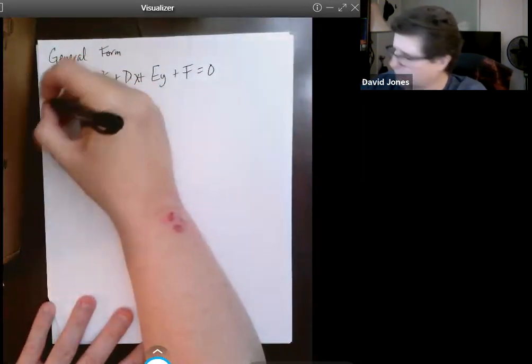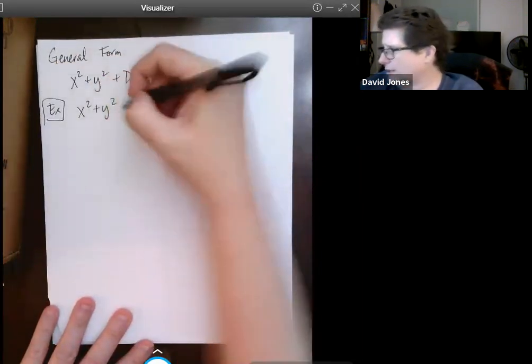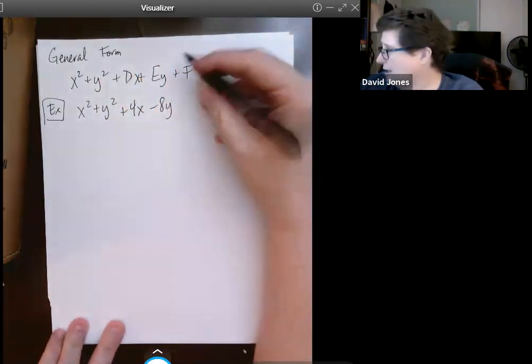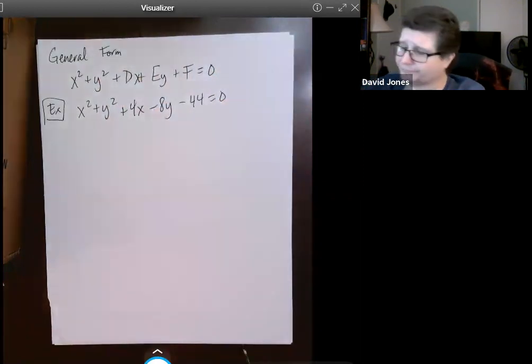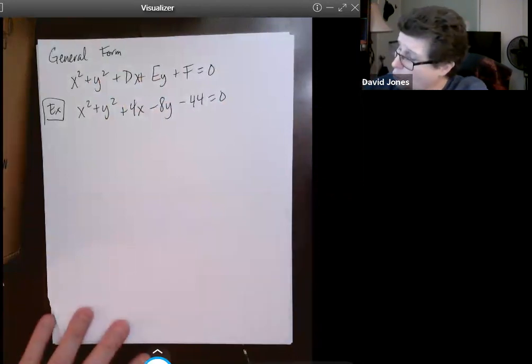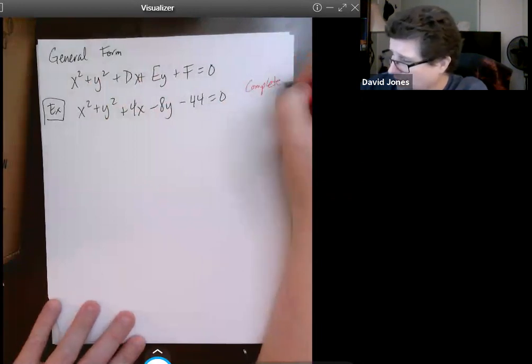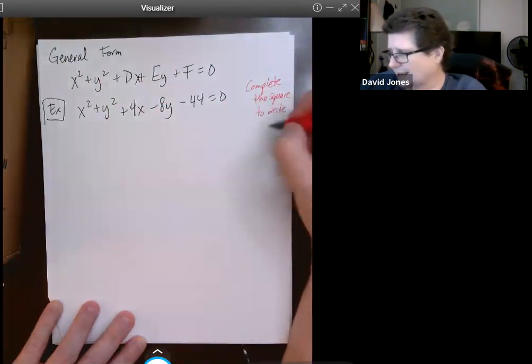For example, x squared plus y squared plus 4x minus 8y minus 44 equals 0. We can use complete the square to write it in the circle equation form.